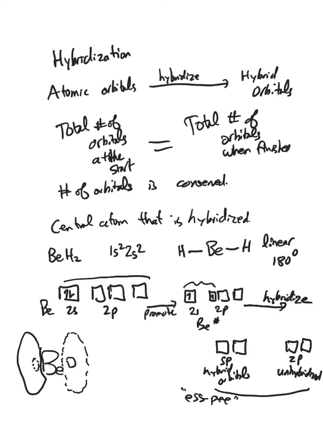And so each of these can overlap with a 1s orbital that's unhybridized from the hydrogen. So I'm going to simplify things a bit. I'm just going to draw a hybrid orbital like this. And you need to know that there's also the little bump, the other lobes that are there. Those aren't electrons, but those are the lobes.